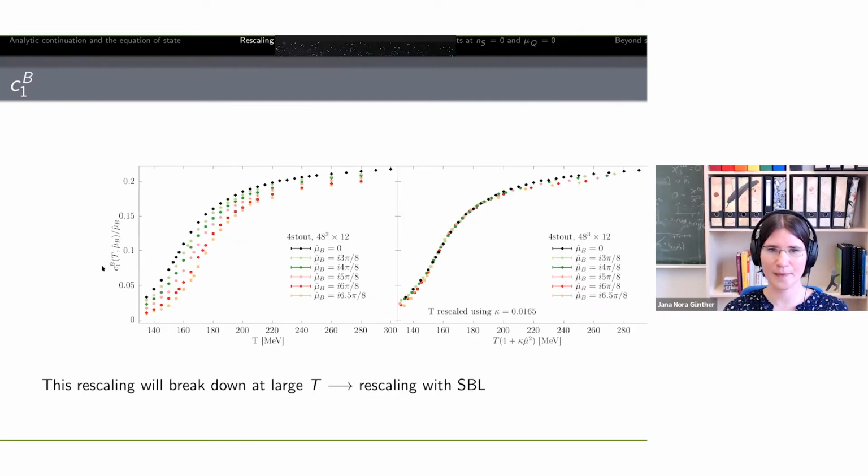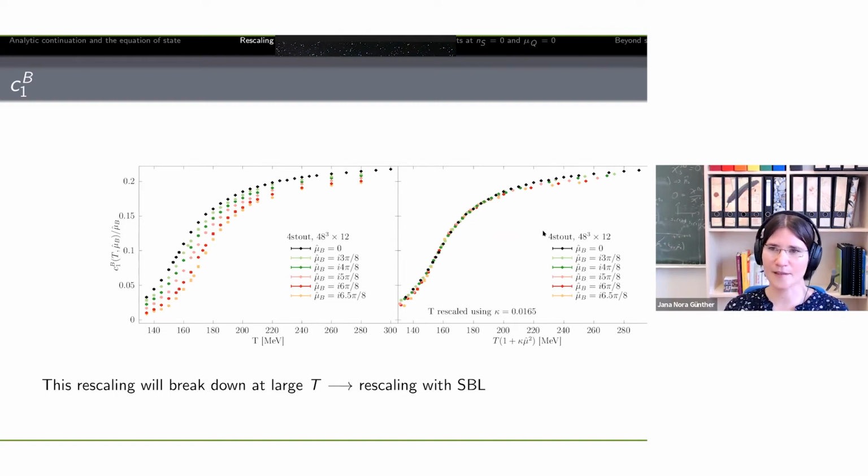Okay, first we check if for our simulation result at strangeness neutrality this rescaling still works, and that looks rather good, especially for the lower temperatures. These curves collapse nicely. However, here at higher temperature, you see that it doesn't work as well anymore.